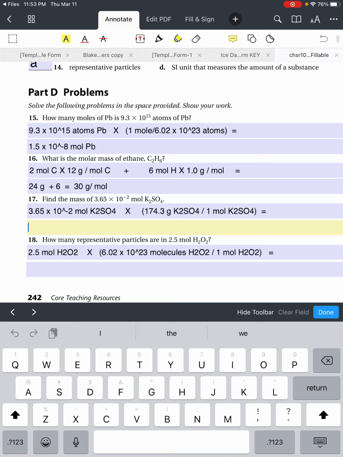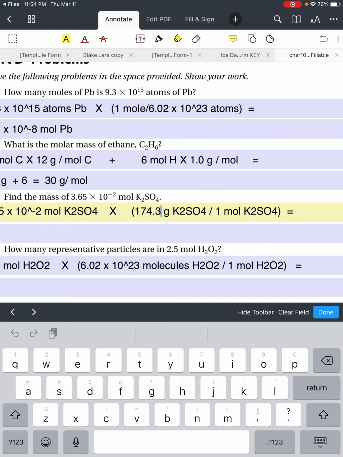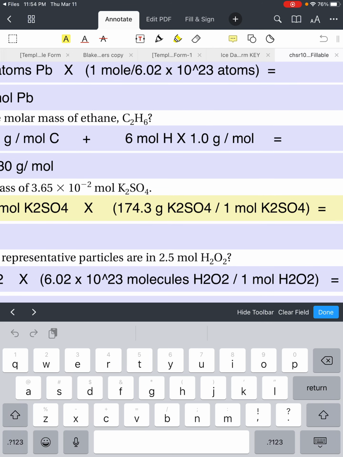And then you can figure out, given our recent experience, the formula, which is K2SO4. Sulfate's always minus 2. Potassium is group 1. It's always plus 1. One thing I did was right here, I went ahead and calculated and wrote down the molar mass of potassium sulfate.